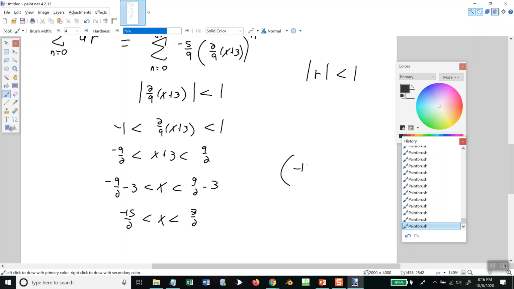So that would be -15/2 to 3/2. Does that make sense how to use that formula?